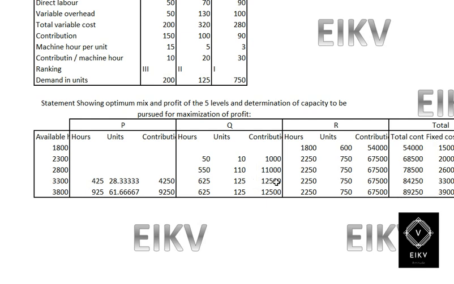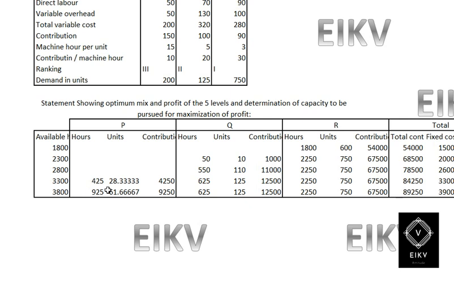Therefore, we will get a contribution of 12,500, and then the remaining hours of 425 will be taken for the manufacturing of product P. That is, we can produce 28.3 units. Total contribution will be 4250 plus 12,500 plus 67,500, which is 51,250.